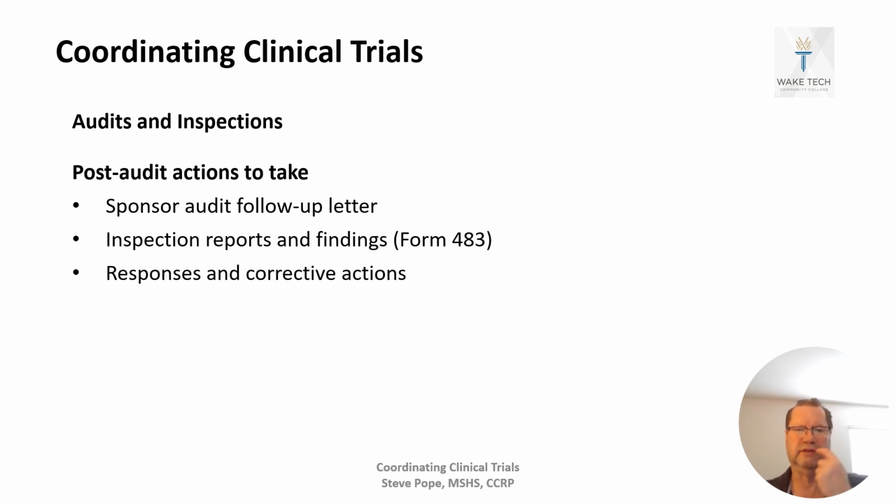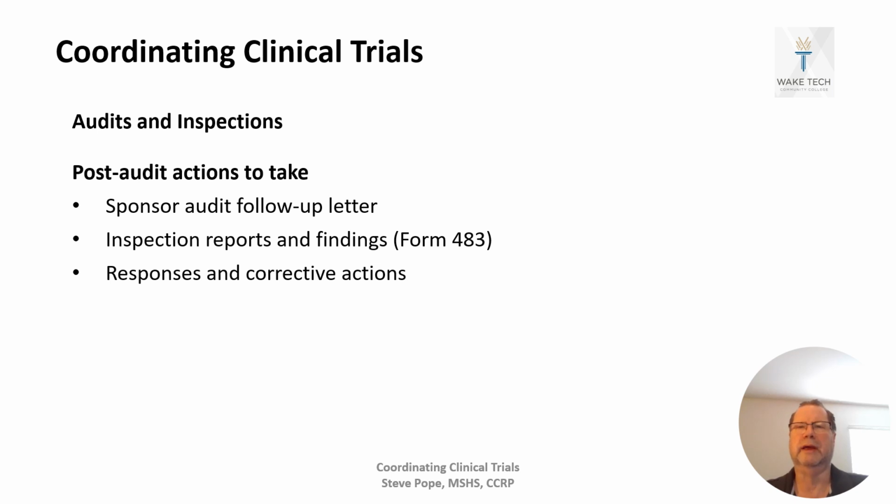For FDA inspections and reports of findings, when the FDA comes in and they find things, they're going to issue a Form 483, which is a notice of observations. These might be things that are kind of minor, but they'll be things that you haven't addressed during the audit, so they're probably going to require some addressing once they're finished. And then finally, you're going to have responses and corrective actions.